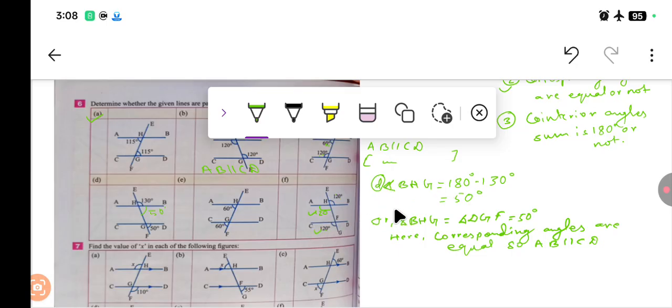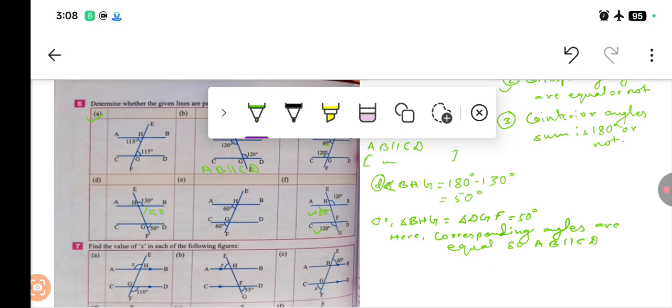In the same way, you will write first angle AHF is equal to 120 degrees being vertically opposite angle. And then you will write angle AHF is equal to angle CGF is equal to 120 degrees. Here corresponding angles are equal, that is why the lines are parallel. So question number C is also explained.